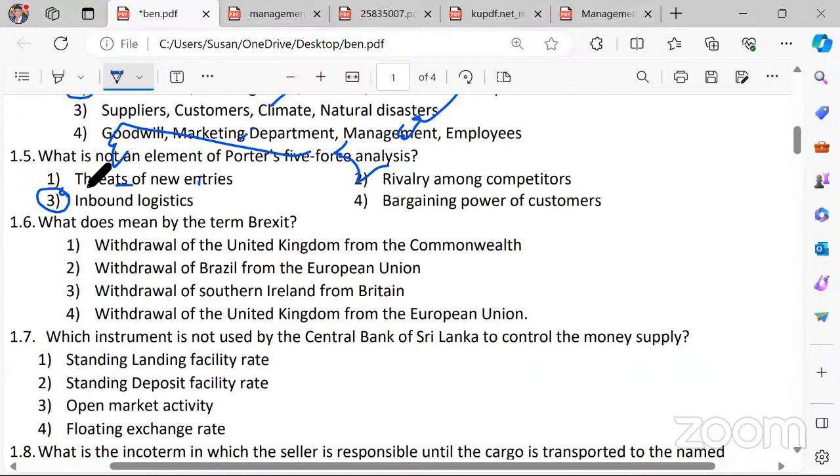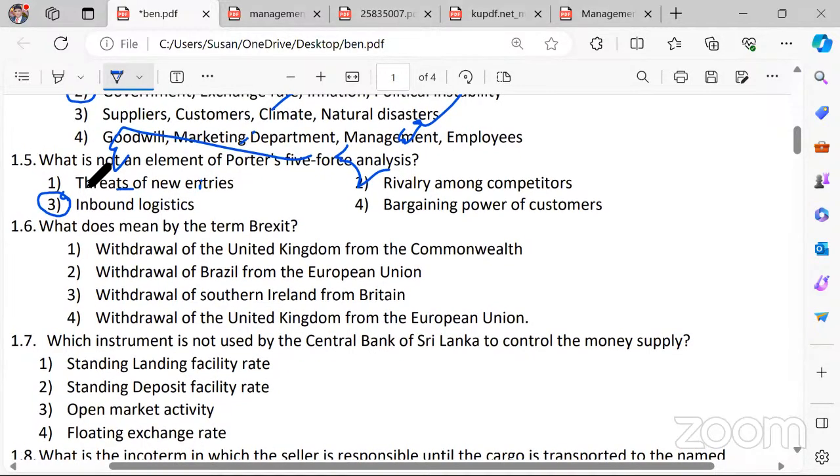What does the term Brexit mean? Right. You can mark your answer. It says withdrawal of the United Kingdom from the Commonwealth, withdrawal of Brazil from the European Union, withdrawal of Southern Ireland from Britain, withdrawal of the United Kingdom from the European Union.